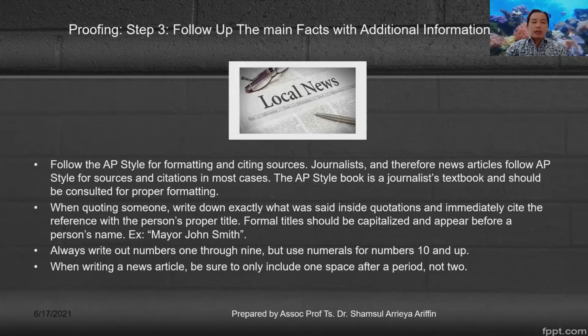So 1 through 9, you can write them out, and above 10, they recommend you write the numeral. When writing a news article, be sure to only include one space after a period, not two spaces. So after a period, one space only. Yeah?